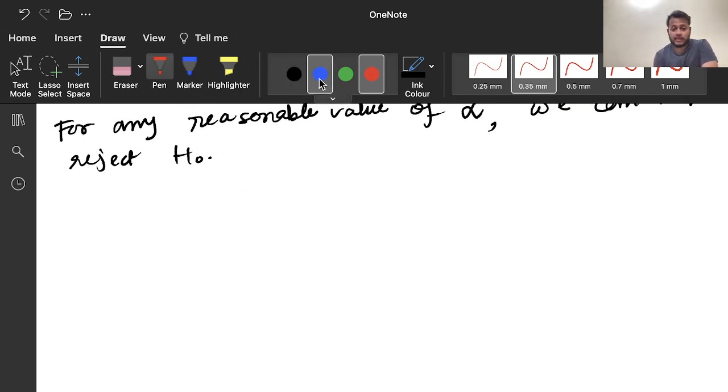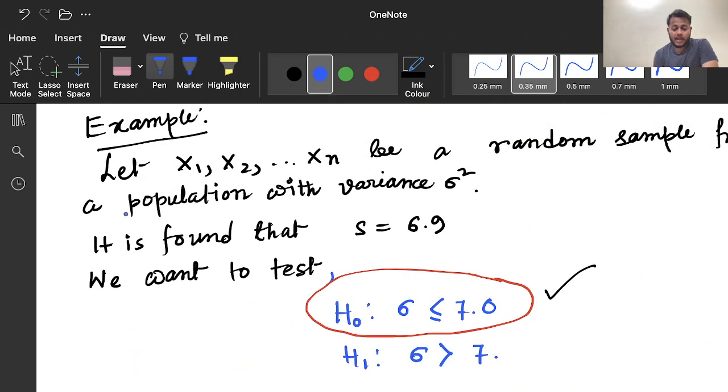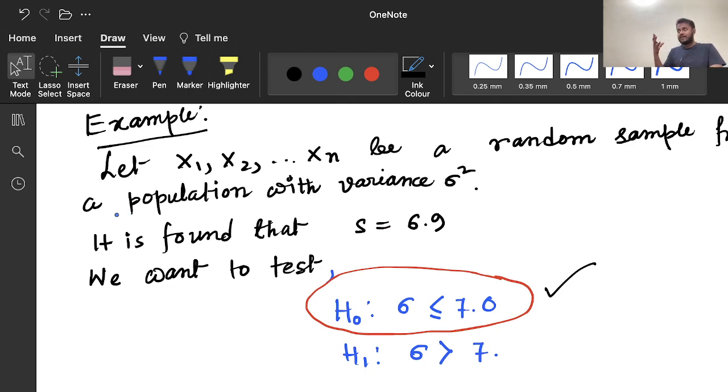So here you can see the way you write the hypothesis is very important.